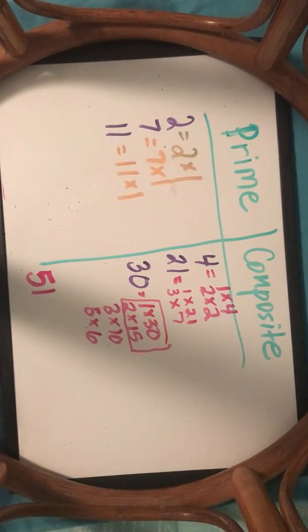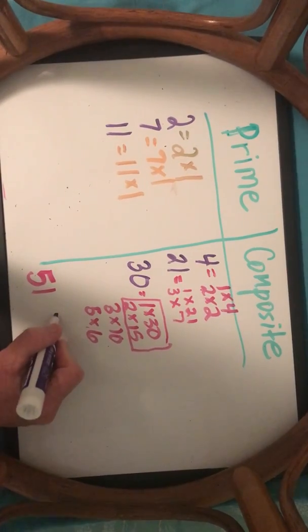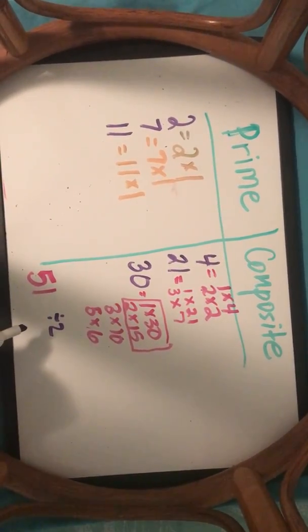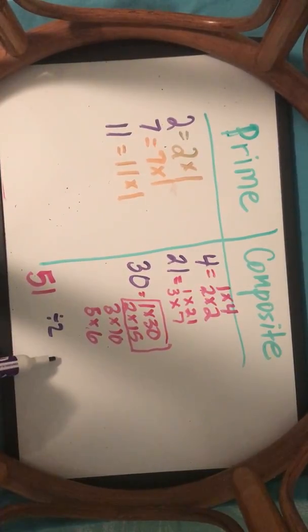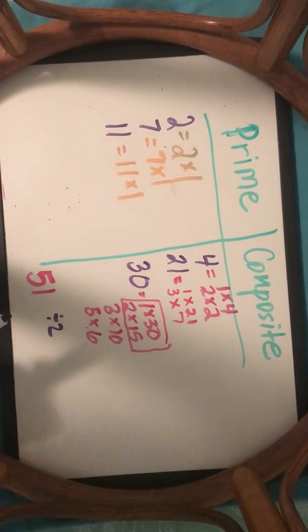That's not a usual number that I'm using with my multiplication and division. So I'm not really sure about 51. Well, you can take your calculator, plug in the number 51, divide it by 2. See if you get a whole number. If you get a whole number, that means 2 times something is 51. That automatically means it's composite.